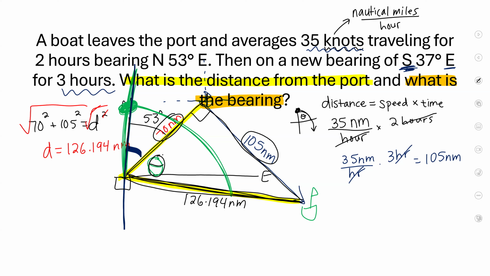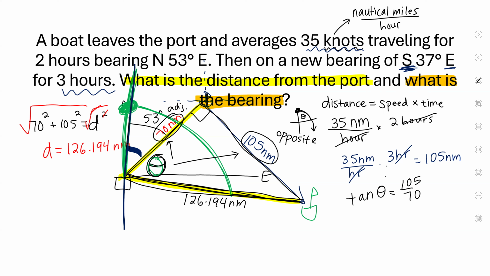If I want to figure out this angle, this side is opposite, and this side is adjacent, ADJ. So tangent of that angle is opposite over adjacent, and I can replace it with the numbers they gave me. The opposite side is 105 and the adjacent side is 70.